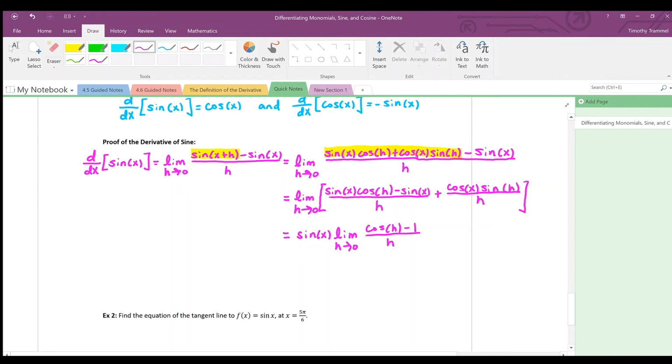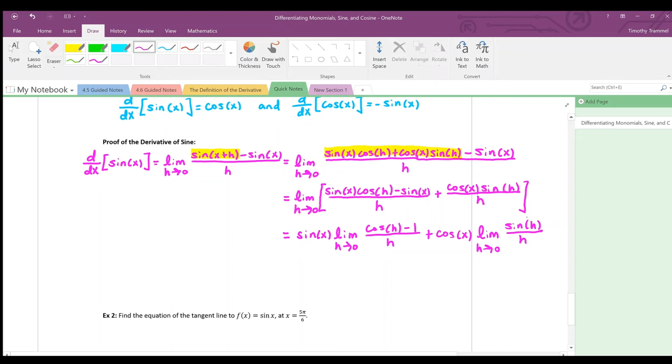And so this might look familiar. We know that this is going to go to 0 here, and then plus, again, I can pull this cosine of x out front, and then we're looking at the limit as h approaches 0 of sine of h over h.